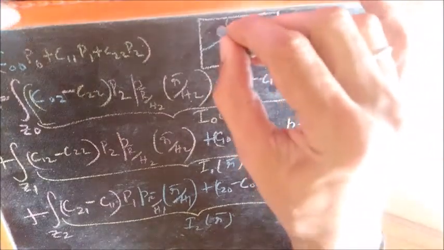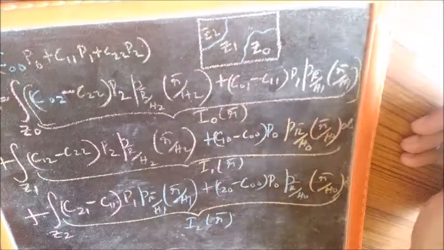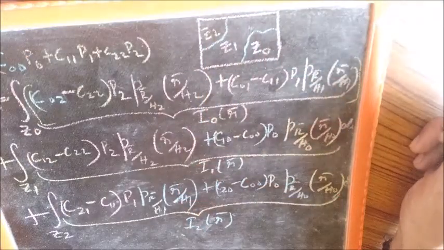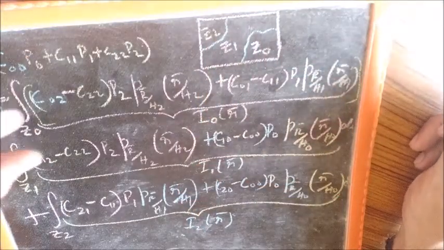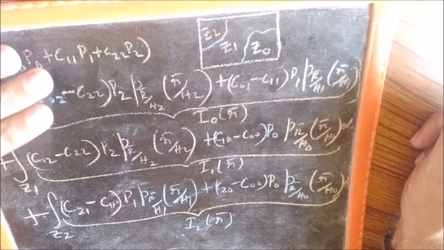And similarly, region Z2 is the one where I2 of R is the minimum. If this is the way we are partitioning the observation space, our integrands will be the smallest in their respective range of integration, and that will ensure a minimum risk.